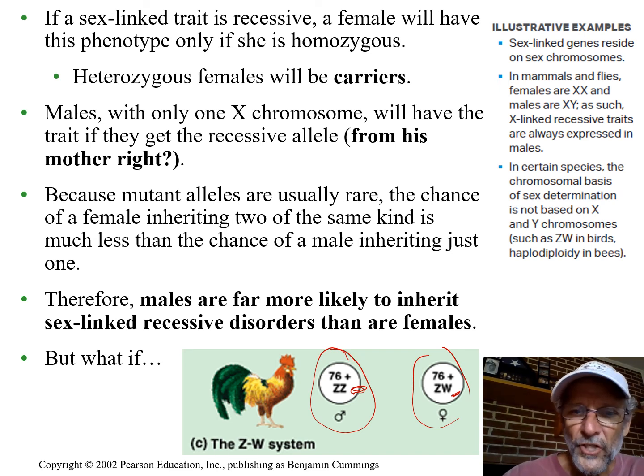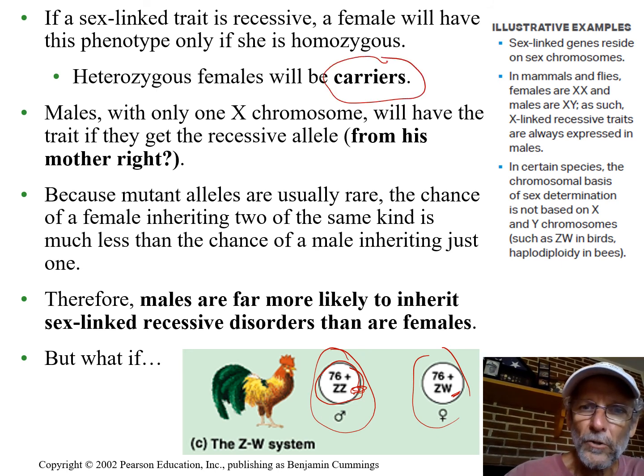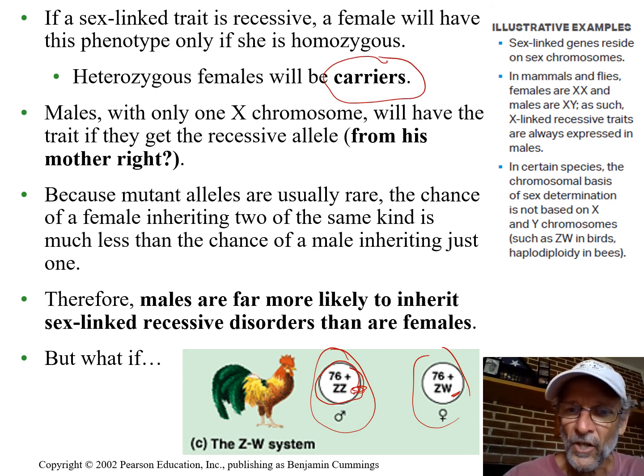The gender which has 2 similar homologous sex chromosomes is female if you're talking about humans, ZZ males if you're talking about roosters. The individuals that have 1 dominant allele and 1 recessive will be called carriers. They won't show the trait, but they can pass it on.